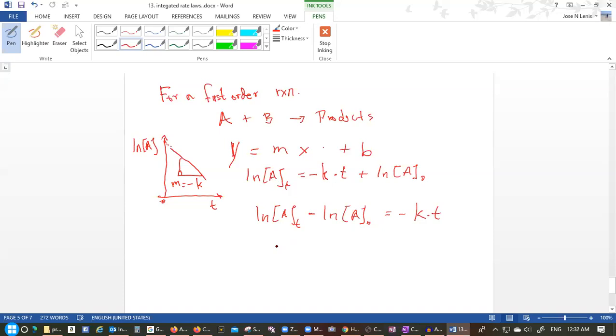That will be the natural log of A at time t over the concentration of A at time 0, which equals negative kt.